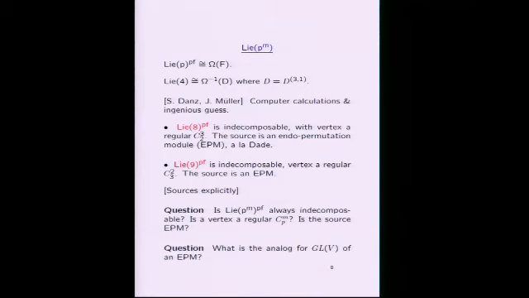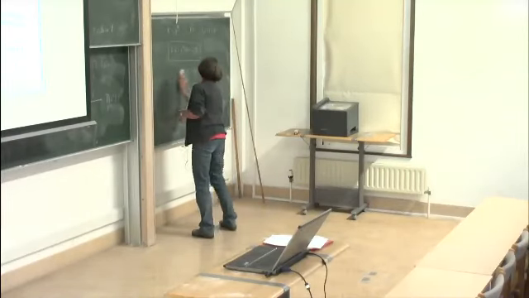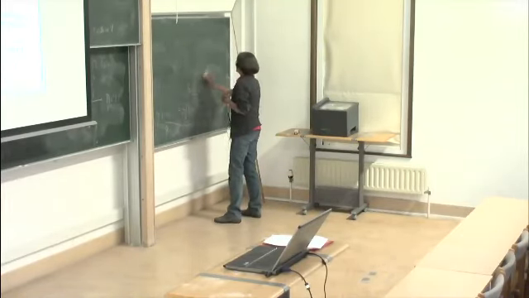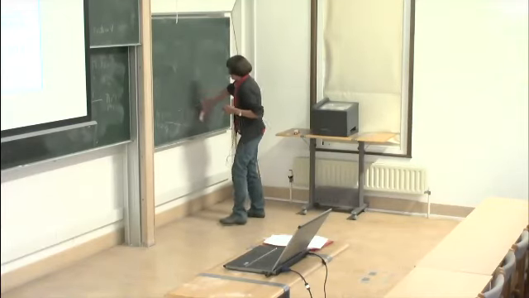Then you could look at Lie_4, which you can also do by hand, basically. Maybe I should say a little bit about how you calculate Lie_4, just to give some flavor of what you can do. And what you can't do, of course.